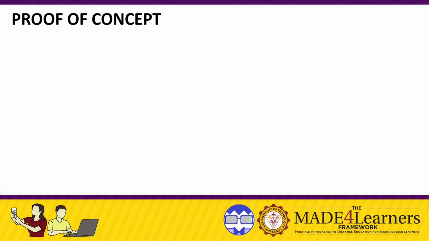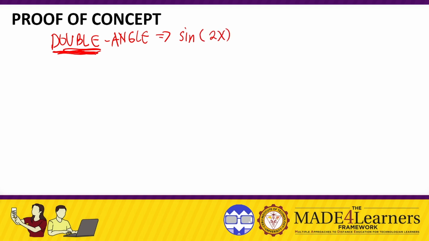First, we need to know what a double angle identity is. Talking about a double angle, from the term double, and of course there's an angle, this gives us the concept of trigonometric functions having a multiple of 2 in their input or angles.